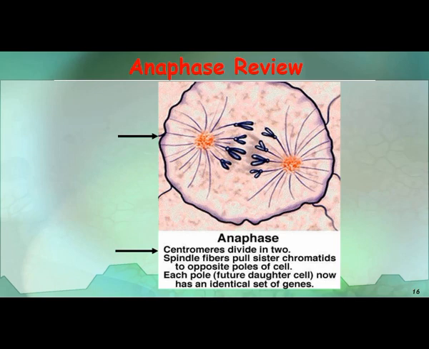Review of anaphase. During anaphase, the cell looks like this. Now what happens during anaphase? The centromere is divided into two. The spindle fibers pull the sister chromatids to the opposite poles. Now each pole has an identical set of genes.